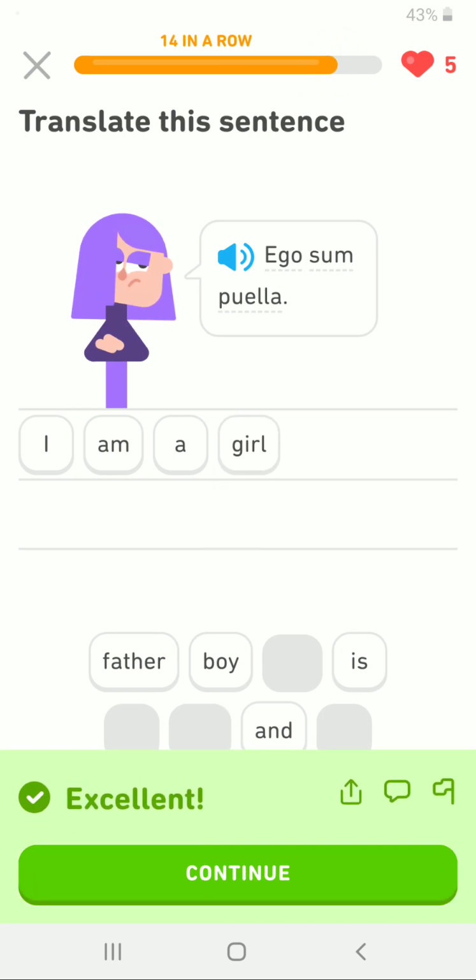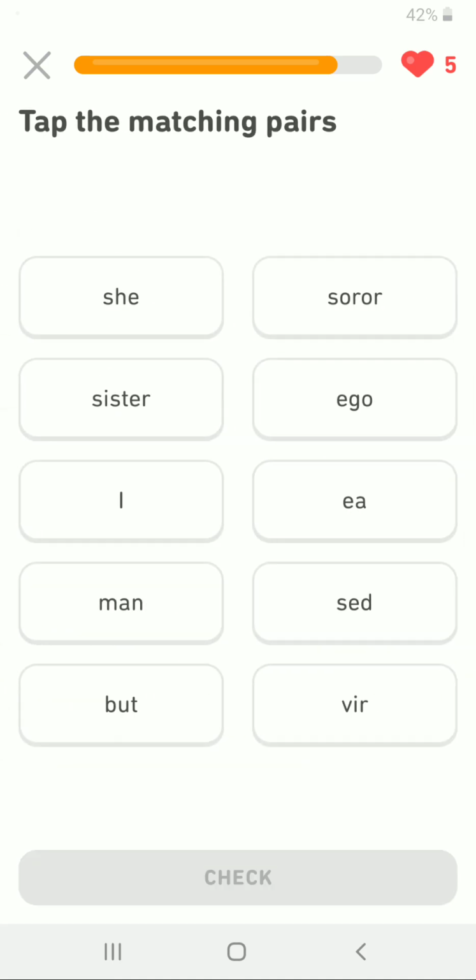There is no article in Latin, it seems, but we should not forget to use them in English, of course. She is ea. Okay, this word I was trying to remember after my last video. And soror, that's how you say sister.